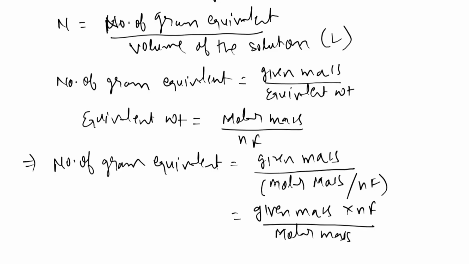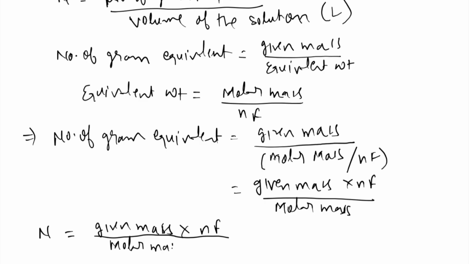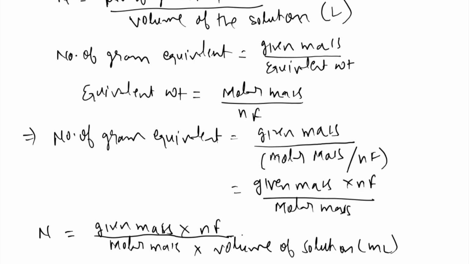Okay, so this is the formula for the gram equivalent. So we can say that normality is given mass multiplied by N factor divided by molar mass multiplied by volume of solution. Normally the volume of the solution is given in ml, so let's write that in that term. So we have to take into account the 1000 factor as well.